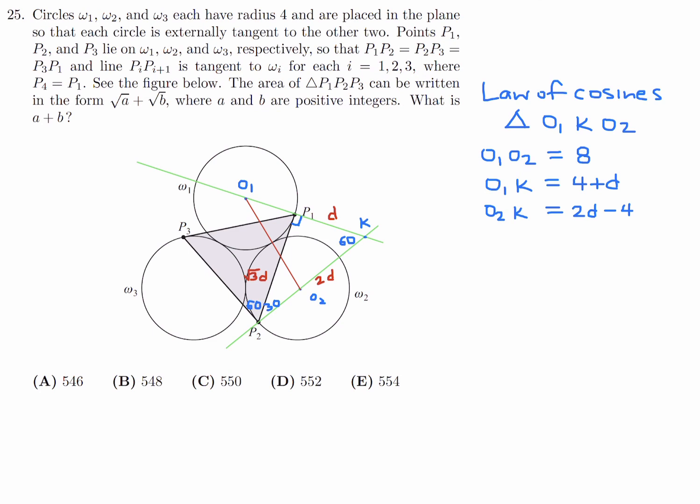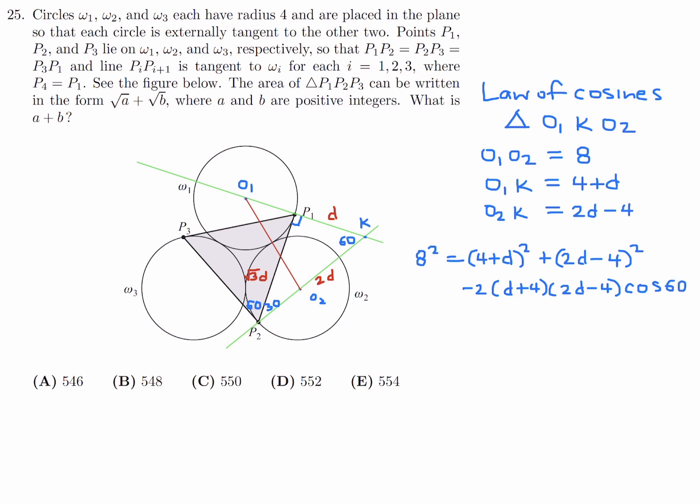So now let's proceed with the law of cosines. 8 squared is equal to (4 plus d) squared plus (2d minus 4) squared minus 2 times (d plus 4) times (2d minus 4) cos of, what's the angle? The angle is 60.